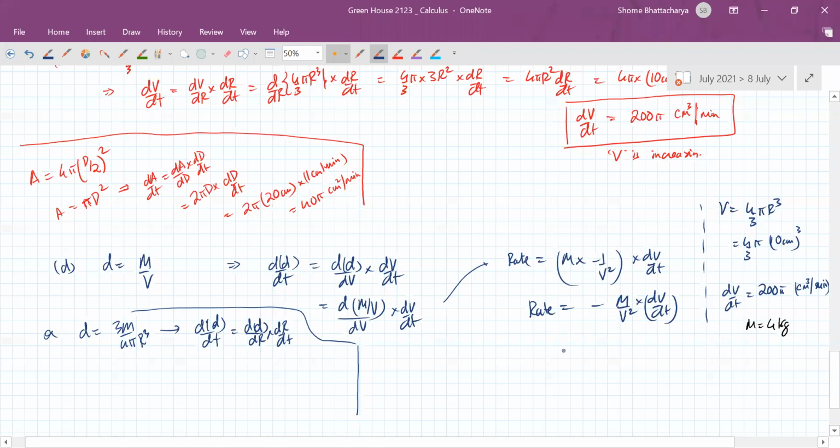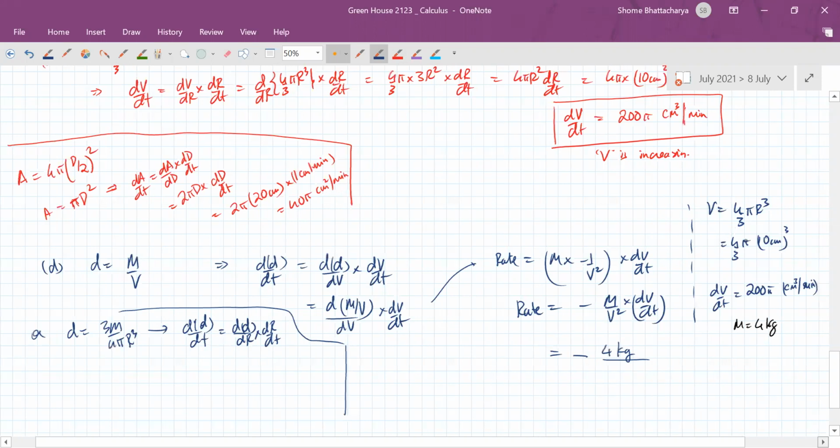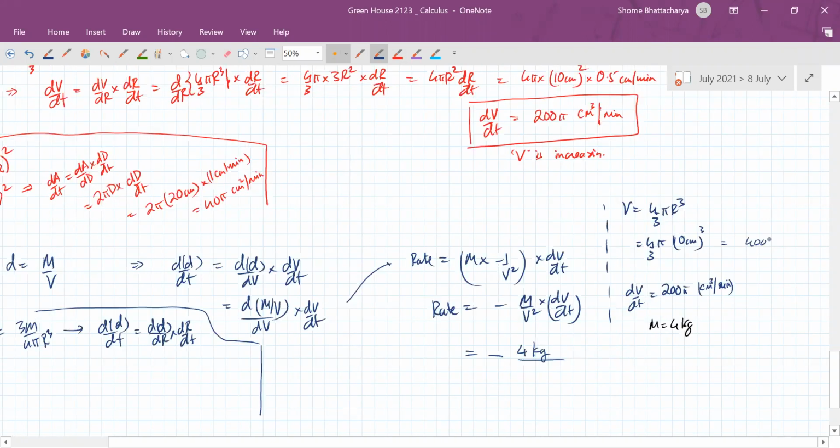So anyhow, let's see the value with this method first. The constant we are getting is 3 by pi, if we take mass as 4 kgs, divided by volume squared. So the volume at this point of time is 4000 pi by 3 centimeter cube.